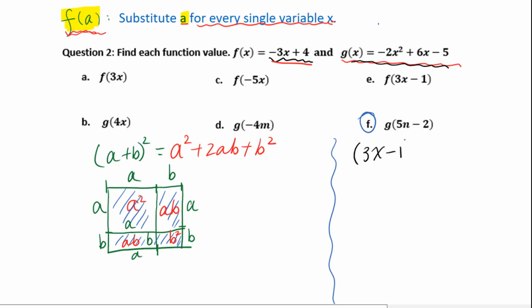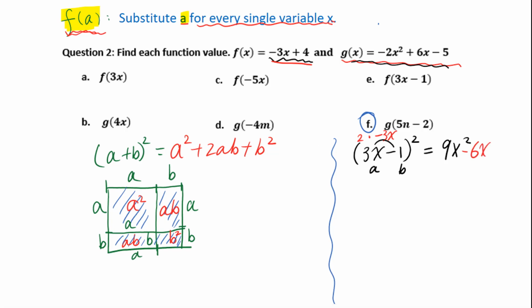3x minus 1 squared. You can count, this is a, this is b. So a squared means 9x squared. 2ab, 3x times negative 1 will be negative 3x. Then times 2, you will get negative 6x. Negative 1 squared will be positive 1.